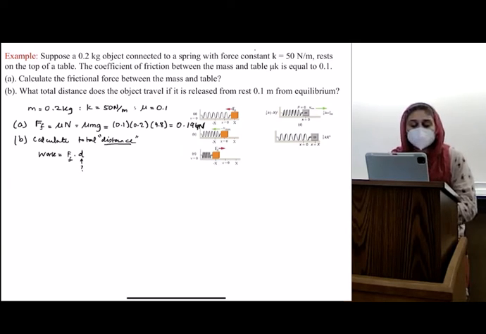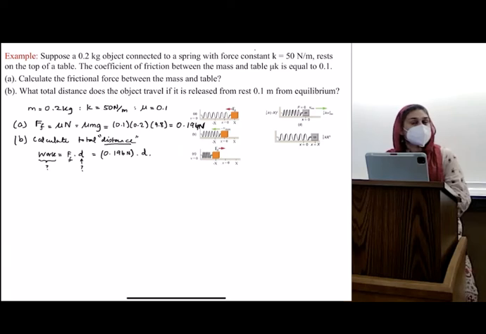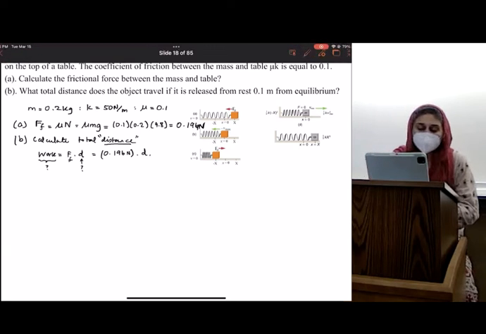What is my frictional force? 0.196 newtons. And I am looking for my D. The problem is I don't know this. How do I find that? So I have to find work.